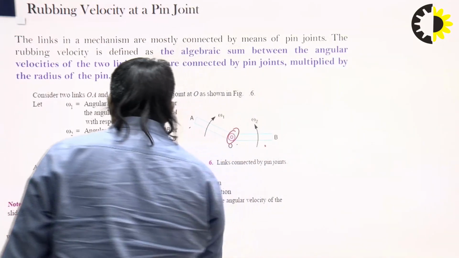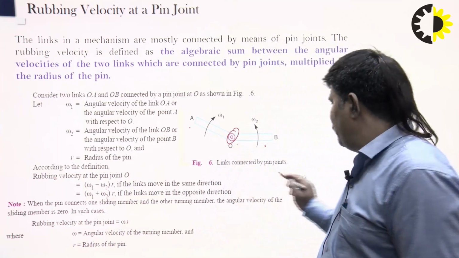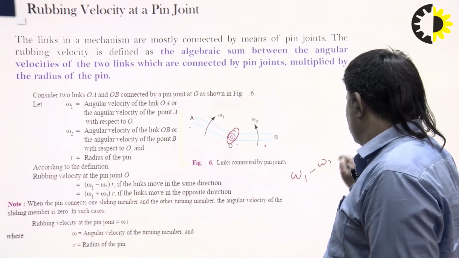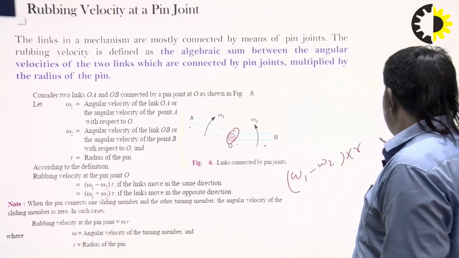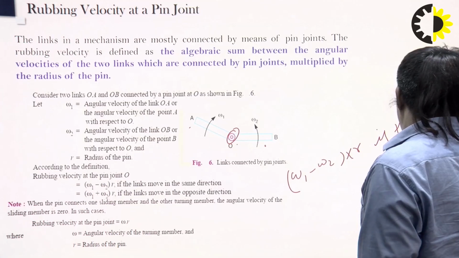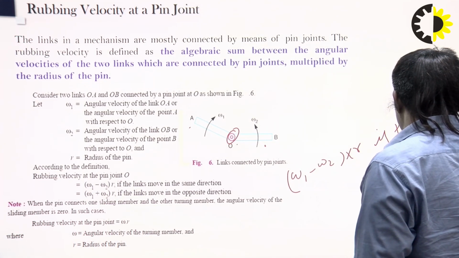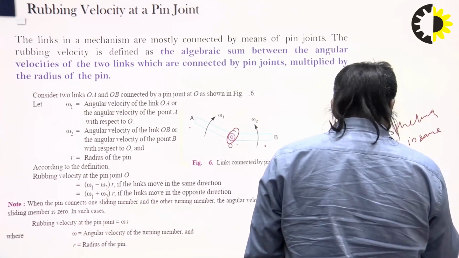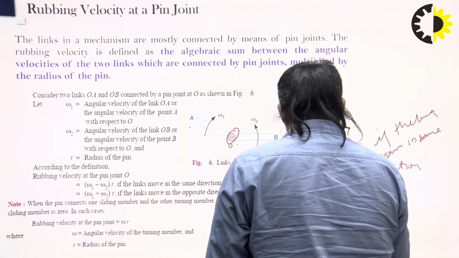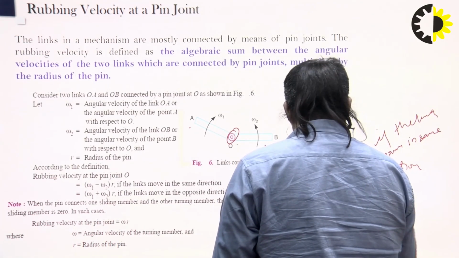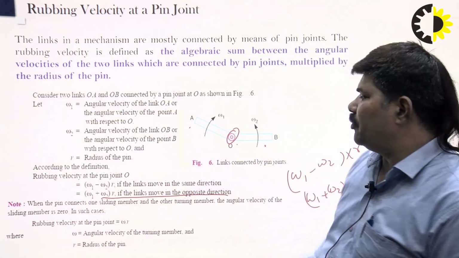So the rubbing velocity at the pin joint, that is O, is omega 1 minus omega 2 into R if the links move in the same direction, and omega 1 plus omega 2 into R if the links move in the opposite direction.